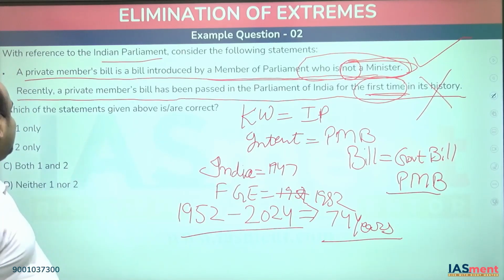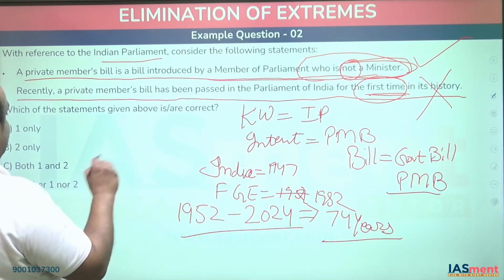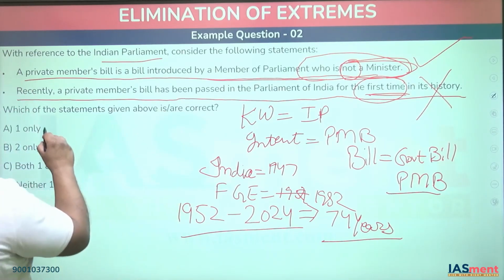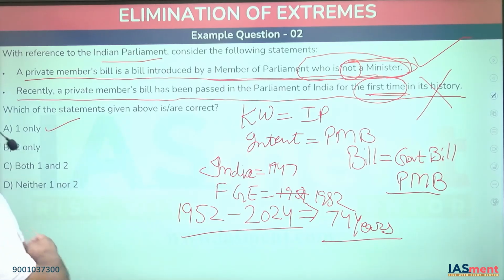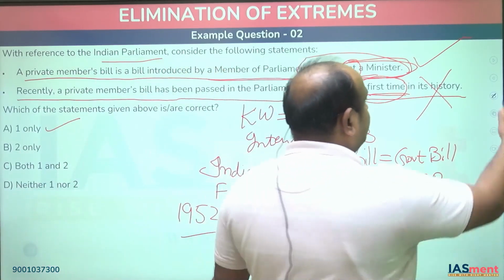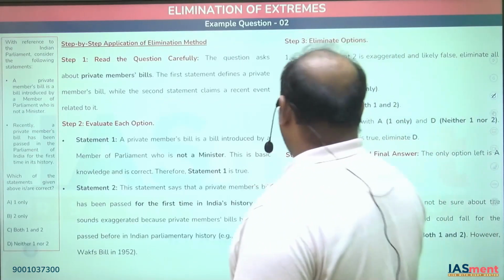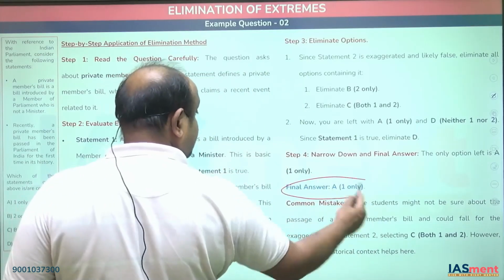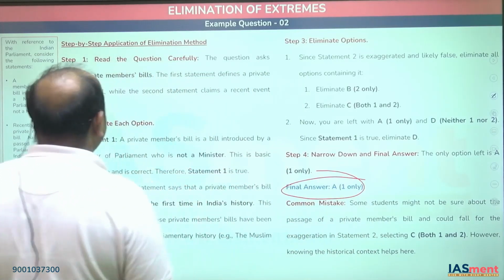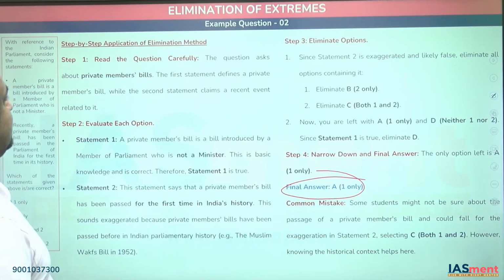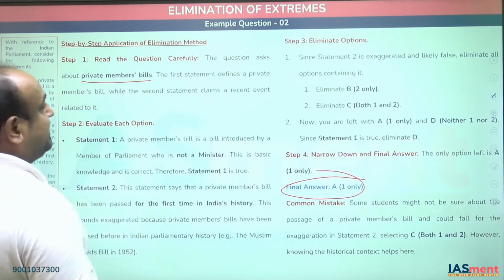Now, what will be the correct answer? A. The question asks about private member bill.